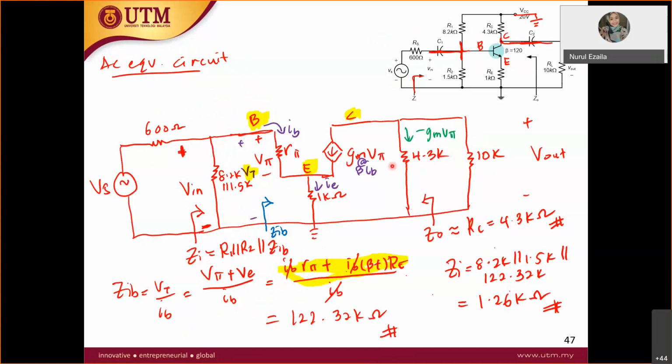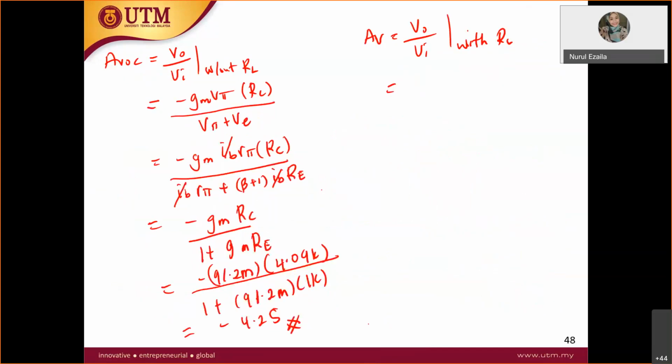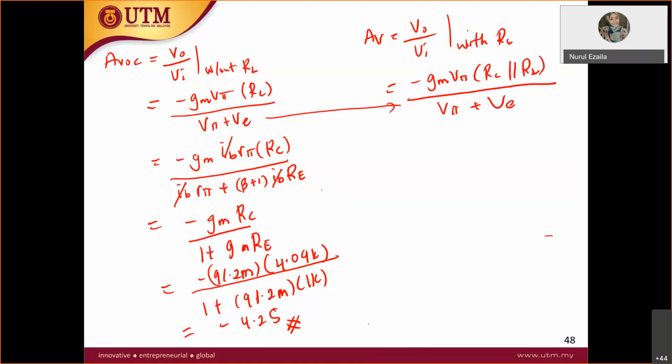The current flowing is of course the same current, which is negative gm V pi. So it will be negative gm V pi times RC parallel with RL, over V in, which is the same thing, V pi plus VE.